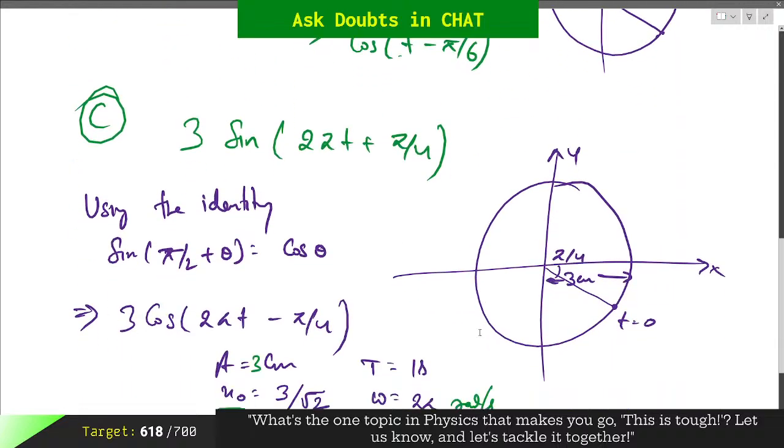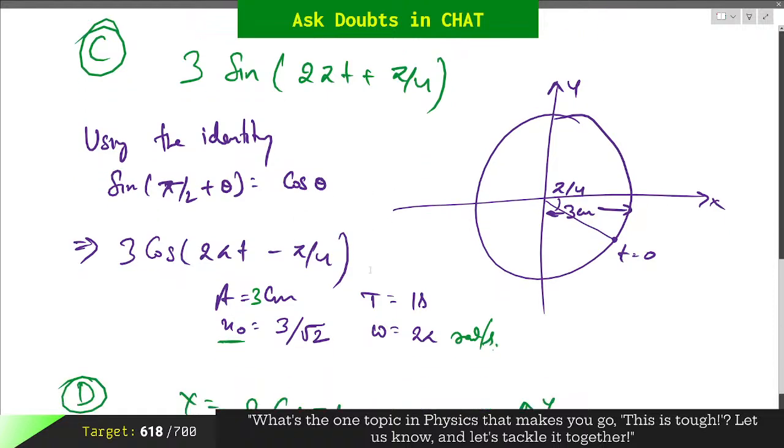Now in the third plot we have 3 sine 2 pi t plus pi by 4. So again let's turn this into the cosine format. We know that sine pi by 2 plus theta is equals to cos theta. So it would be equal to 3 cos 2 pi t minus pi by 4. Here initial phase is again pi by 4 in the clockwise direction, or in anti-clockwise direction you can find it out using 2 pi minus pi by 4.